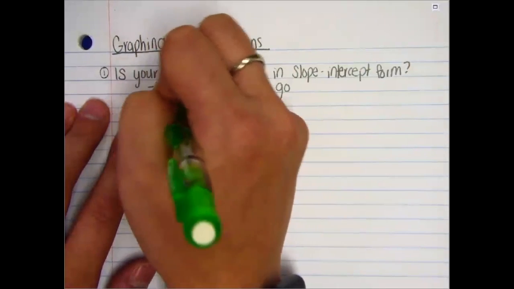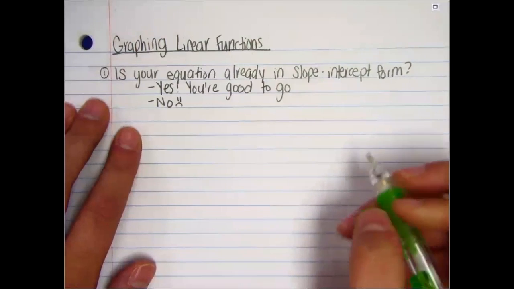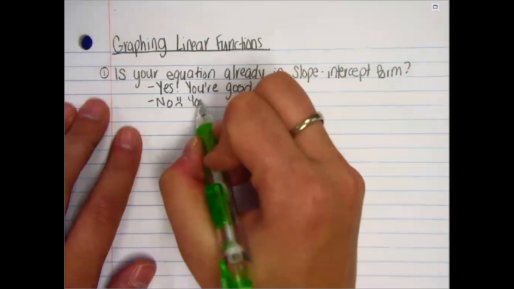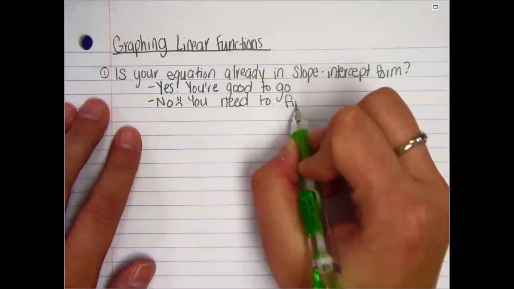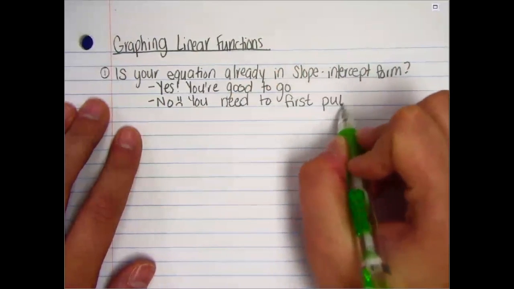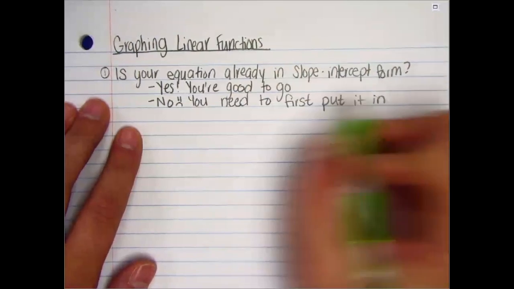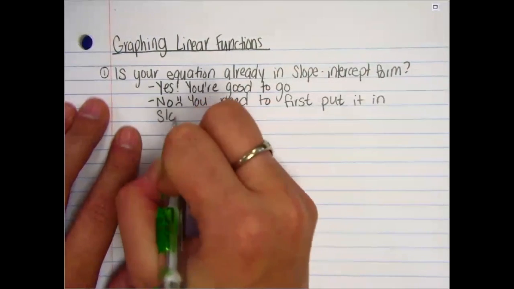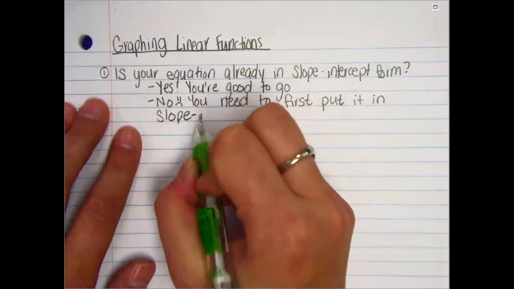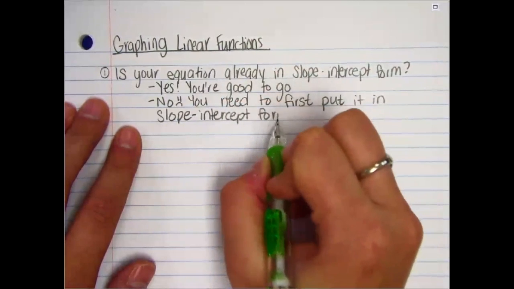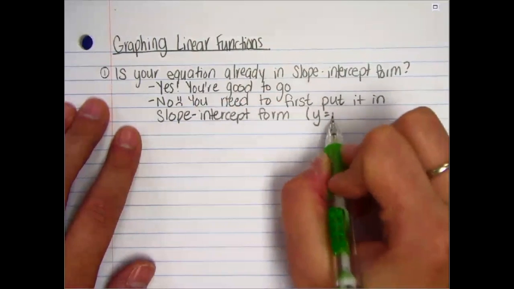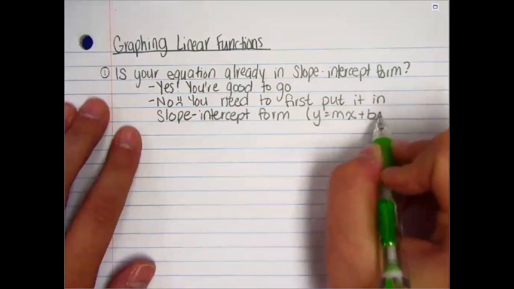If no, you need to put it in slope-intercept form, which again is y equals mx plus b.